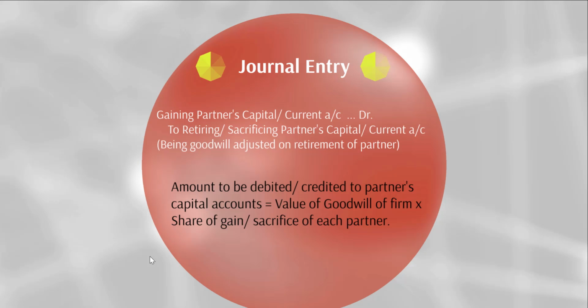And the amount to be debited or credited to the partner's capital or current accounts will be equal to the value of goodwill of the firm multiplied by the share of gain or sacrifice of each partner. Narration: being goodwill adjusted on retirement of partner.